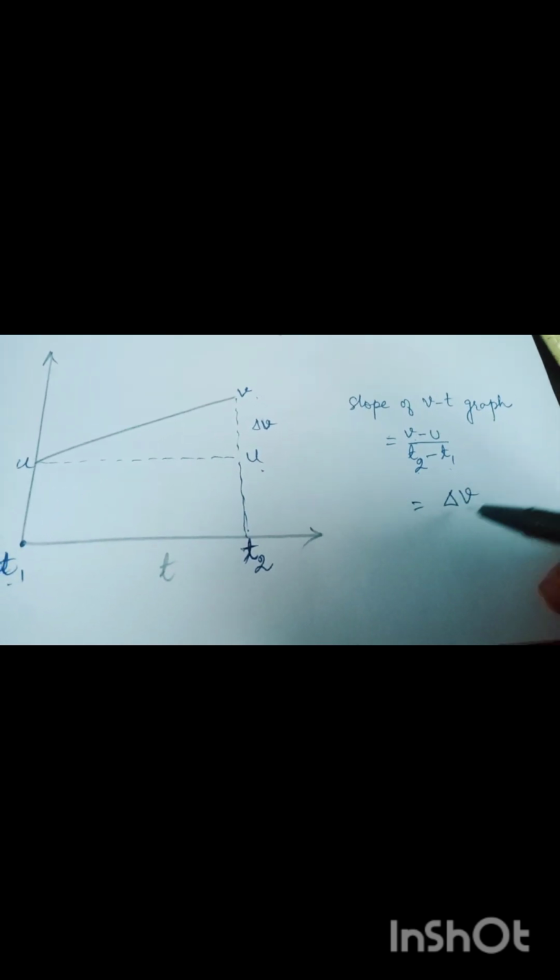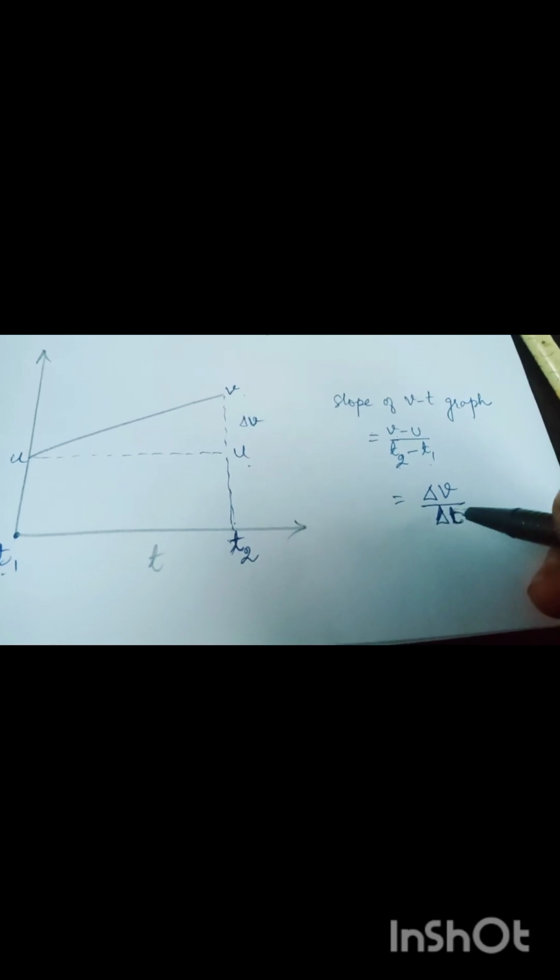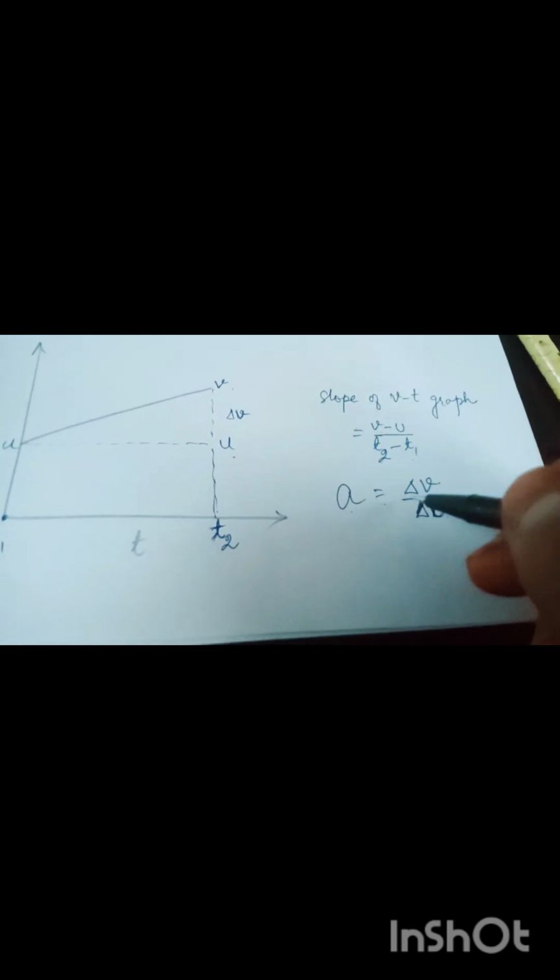So this is the change in velocity v by time interval t. That means in time interval delta t, the velocity changes by delta v. So this is the slope of the velocity time graph, and we know that change in velocity with respect to time gives us acceleration. So acceleration is the change in velocity with respect to the given time interval, or the time required to increase or decrease the velocity gives us acceleration.